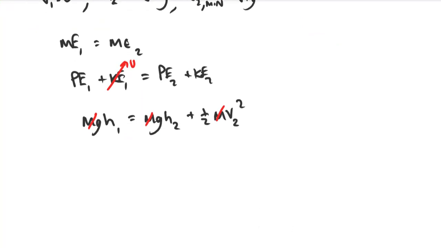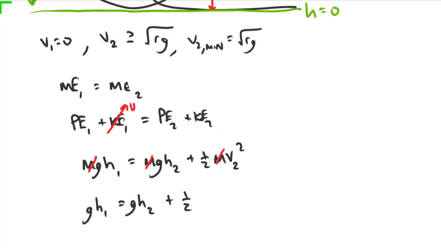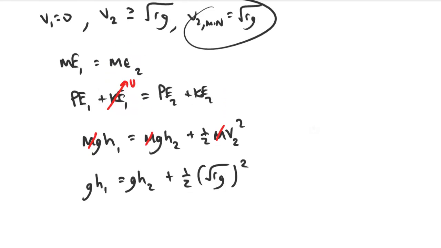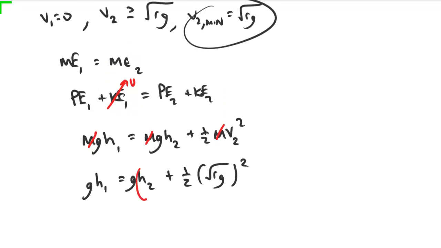So we have gh1 is equal to gh2 plus 1/2 times v2 minimum, which was the square root of RG, squared. Now we also note that h2 was equal to 2R, so I'll replace that.